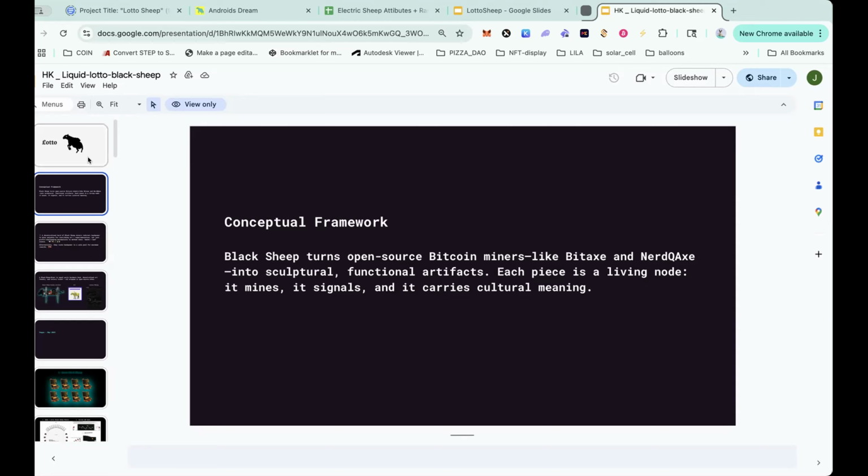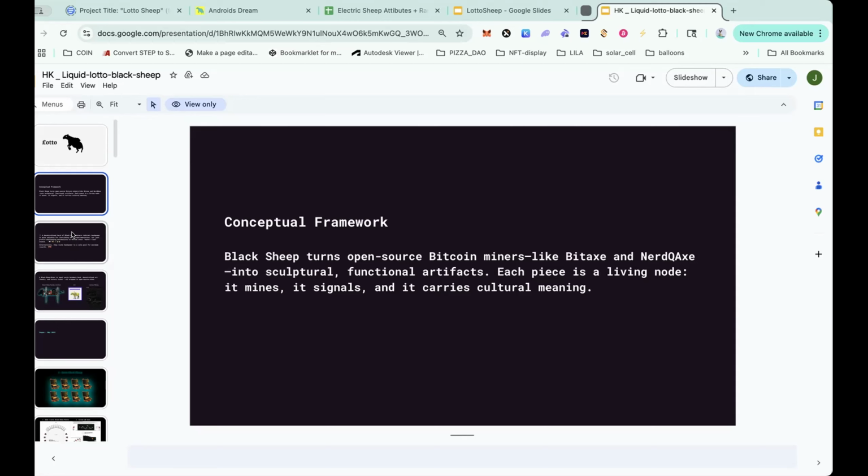Then, fast forwarding, I started building electric sheep as opposed to just prompting them. A lot of this is in the context of open source hardware, and in particular crypto mining, Bitcoin mining.